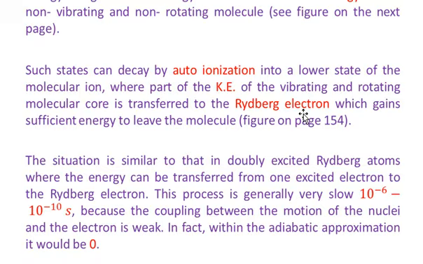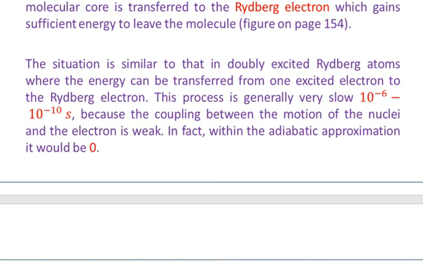Because the Rydberg molecule is ionized, the Rydberg electron which leaves the molecule will gain kinetic energy due to the difference of energy between E star and EI. That energy will be transferred to the Rydberg electron, which gains sufficient energy to leave the molecule. And this is the autoionization process.